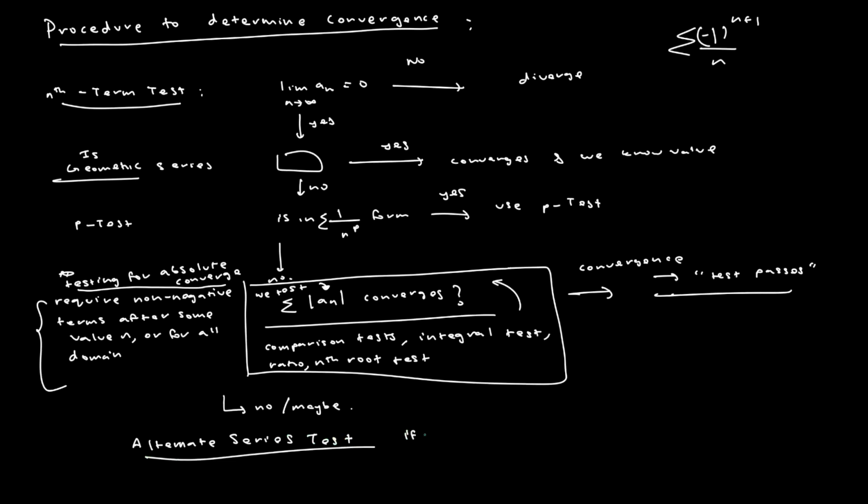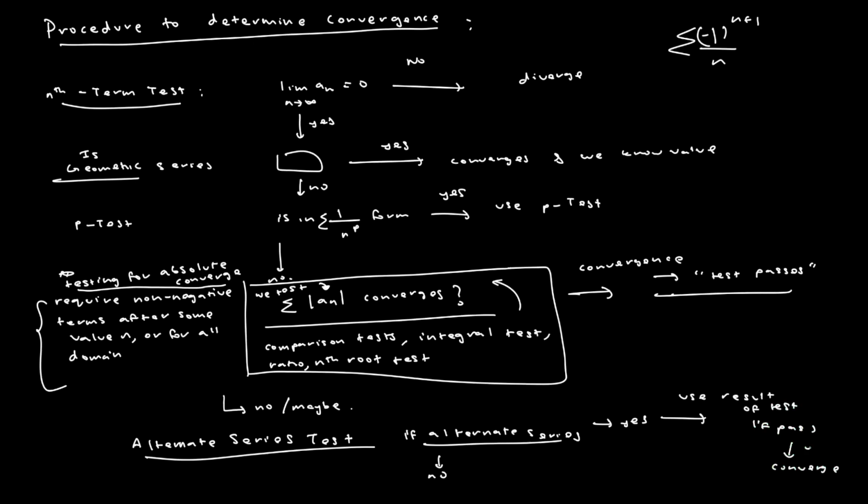If it is an alternating series, then use the result of the test, and if it passes, then we converge. If not, the answer is no. And if we don't pass, then we try ad hoc methods.